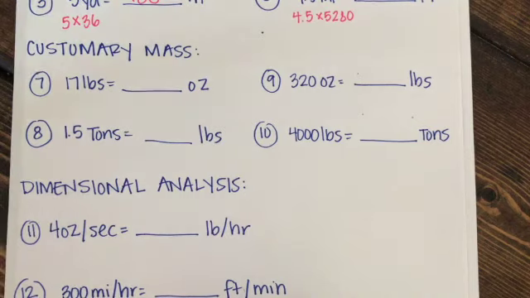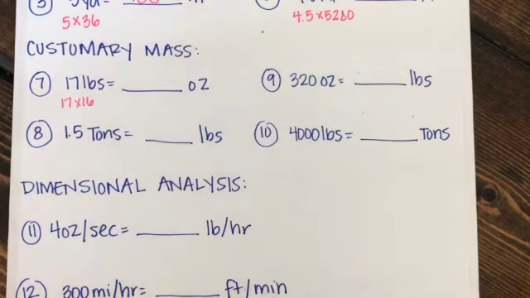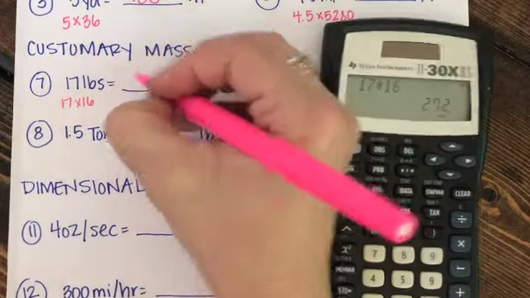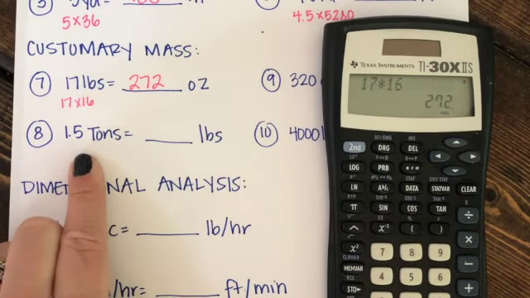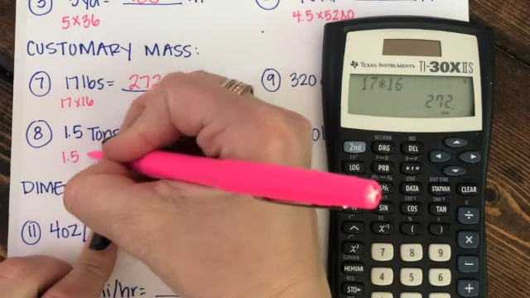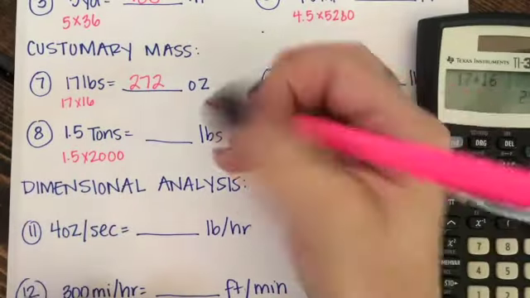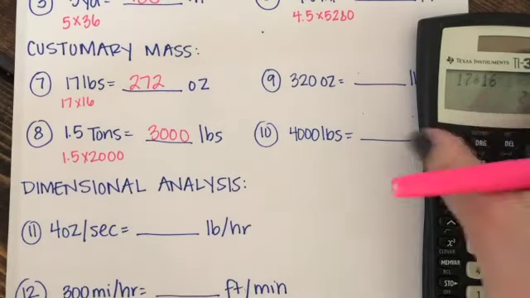Okay, coming down here for mass, 17 pounds is how many ounces? Each pound is 16 ounces. So 17 times 16 is 272 ounces. On number 8, 1.5 tons is how many pounds? Each ton is 2,000 pounds. So 1.5 times 2,000 would be 3,000 pounds.